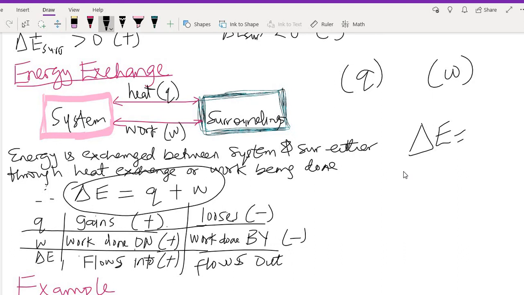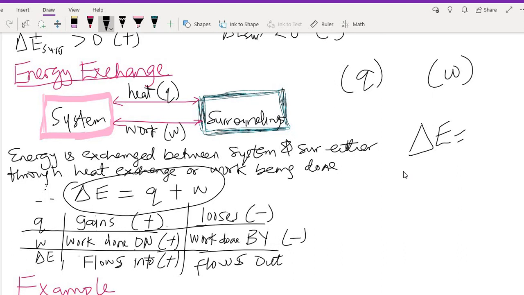Q is positive when the system gains heat. When the system loses heat, Q becomes negative. When work is done on the system, W becomes positive.